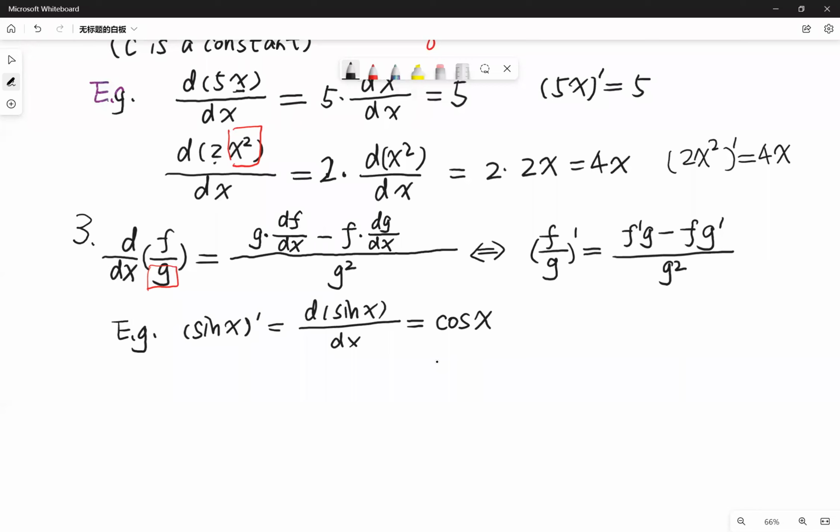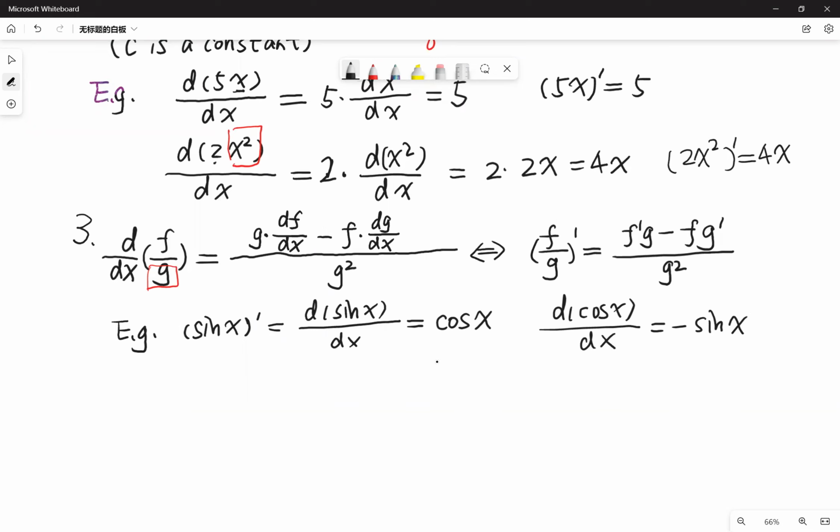Both of them are similar. And the differential of cosine x equals minus sin x.